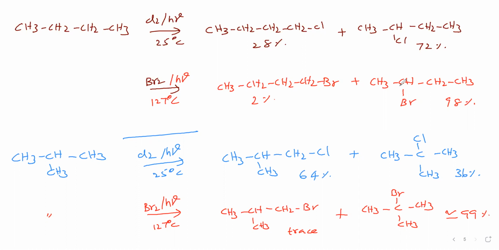Why is it behaving like this? Chlorine is more reactive than bromine, isn't it? When chlorine is more reactive than bromine, why, for bromination, do we have to consider the rate of reaction alone but not the number of hydrogens?